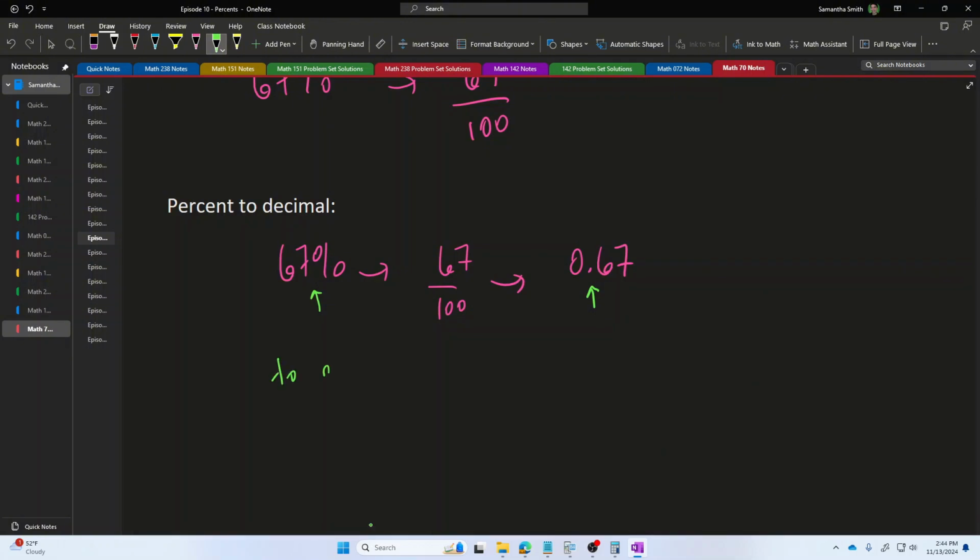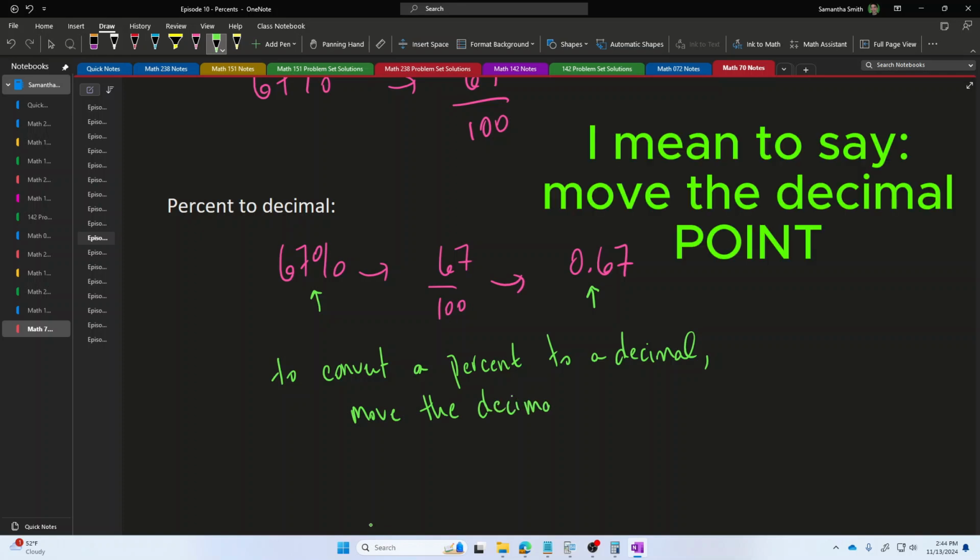To convert a percent to a decimal, you just have to move the decimal place to the left 2 spaces.